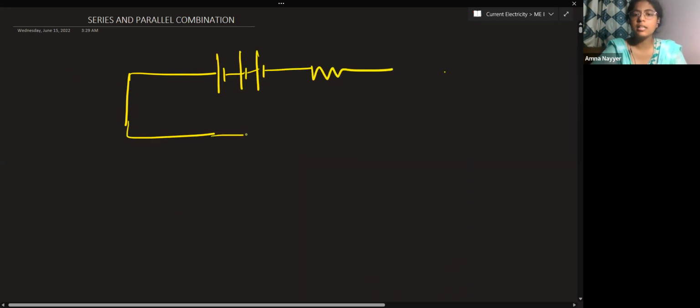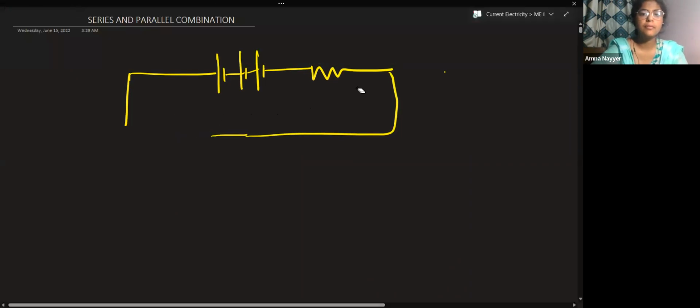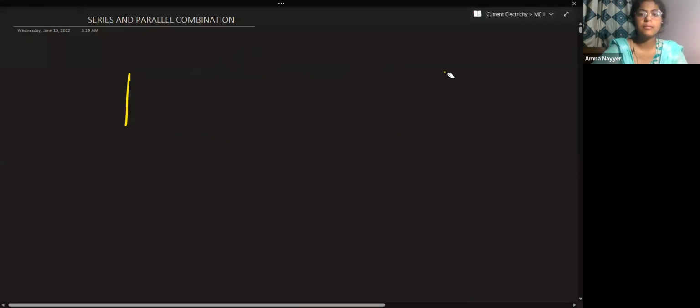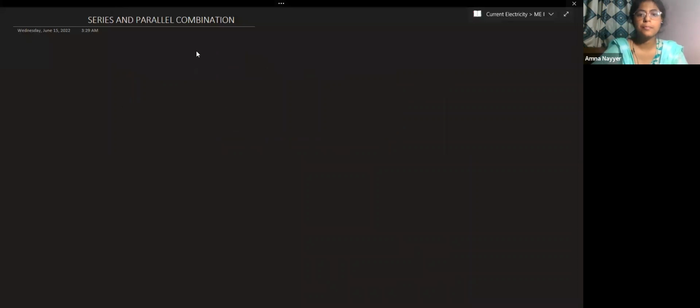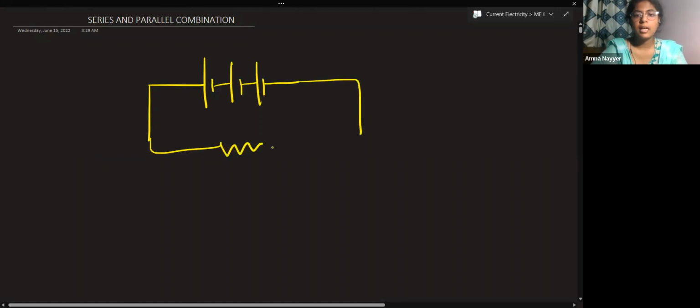All these cells have their internal resistance. And these are connected to an external resistor.